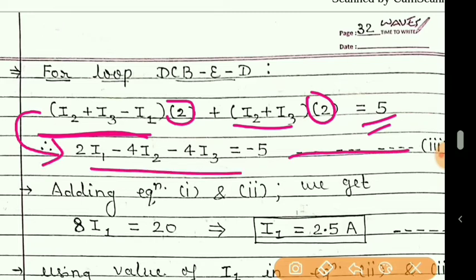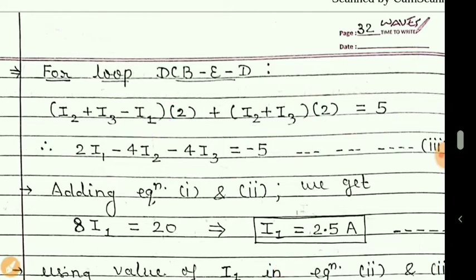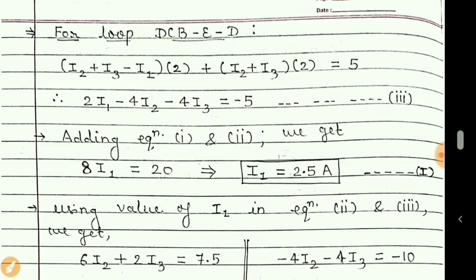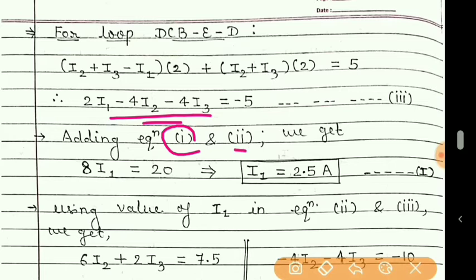So students, I hope you got these three equations. Do proper calculation and obtain these three equations. Now simply we have to solve these equations. Adding equation 1 and 2. Look at these two equations.